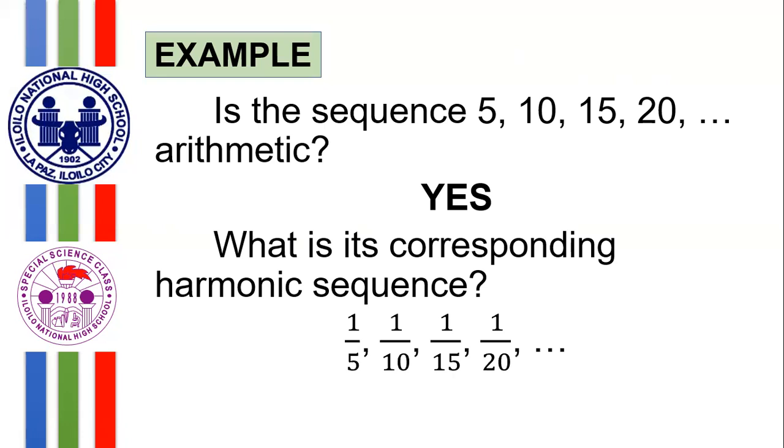When we say reciprocal or multiplicative inverse, you simply interchange the positions of the numerator and denominator. Since we have whole numbers like 5, it's understood that the denominator is 1. So the reciprocal of 5 is 1/5, and the rest are 1/10, 1/15, 1/20, and so on. I hope you got it.